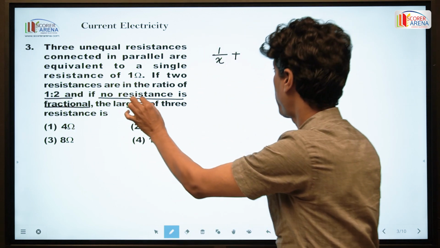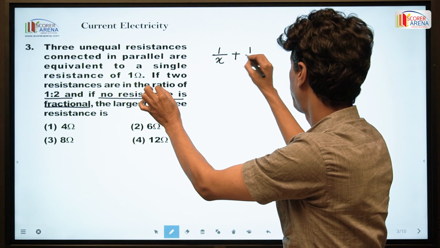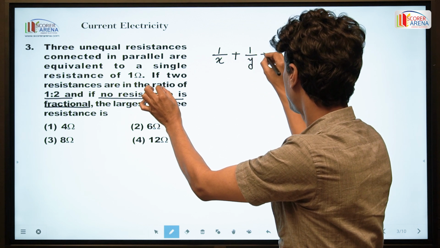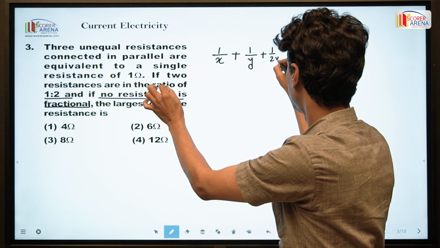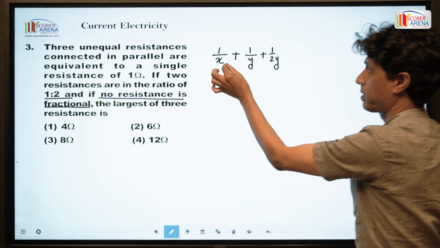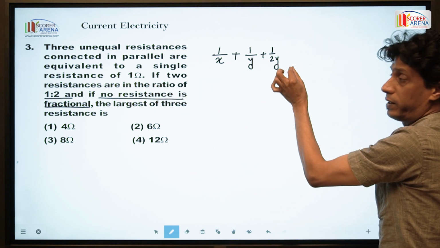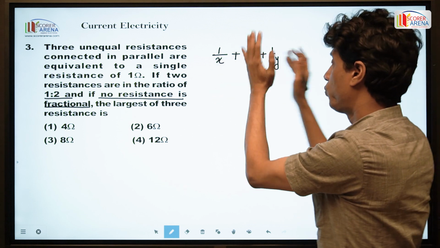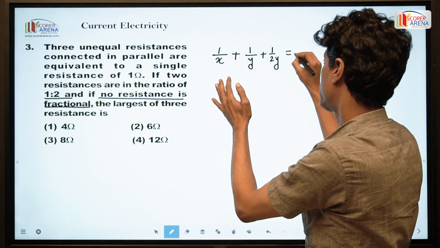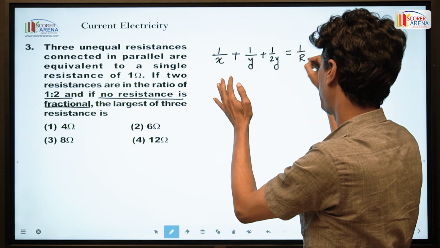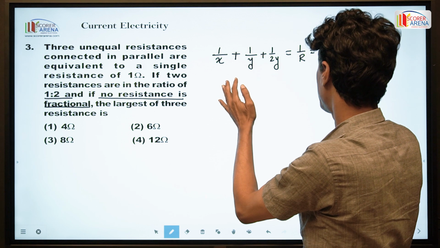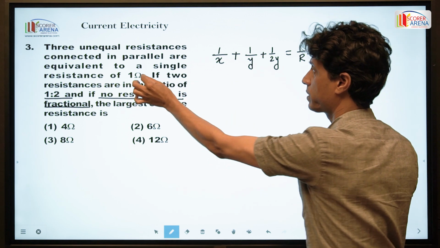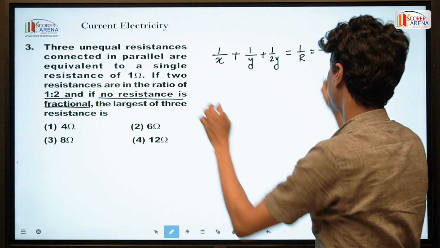Therefore, if one is Y, then the other is 2Y. So the 3 resistances are X, Y and 2Y. And the equivalent of this is 1 by R, and as per the question the equivalent of these 3 resistances is 1.